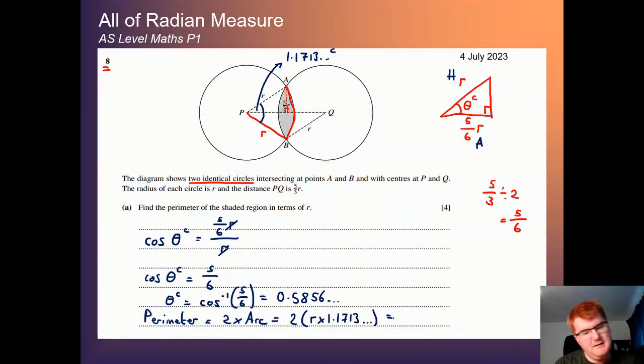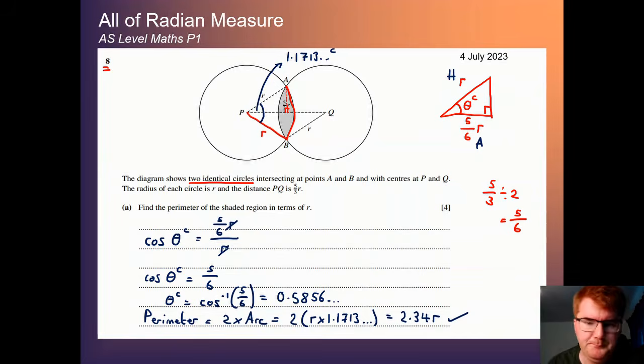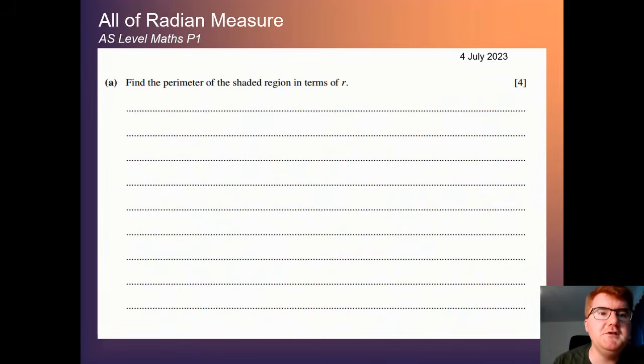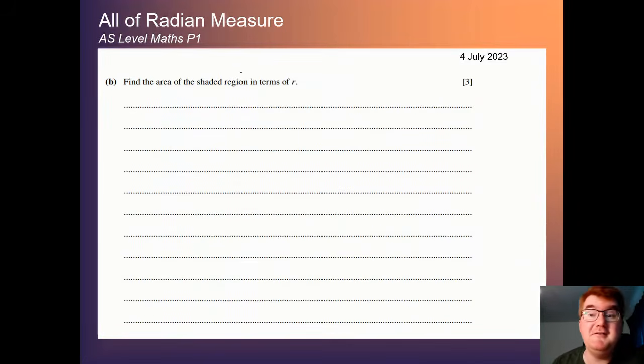We take that number and times it by 2, which gives us 2.34r, and that gives us all 4 marks here. I think you can also write this as an exact value, but I think working in decimals is a bit more sensible. So on to question B here, and this is very typical.